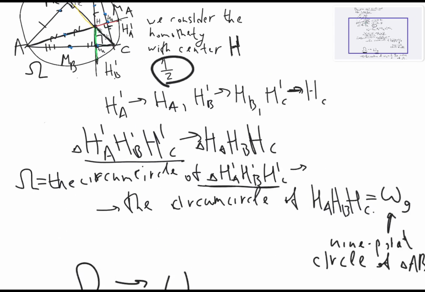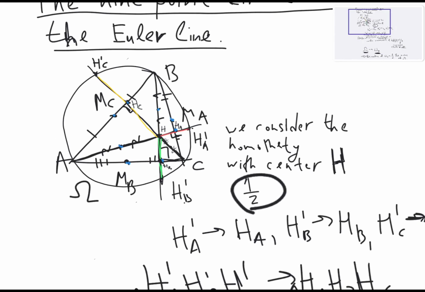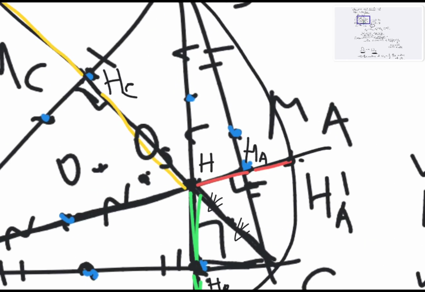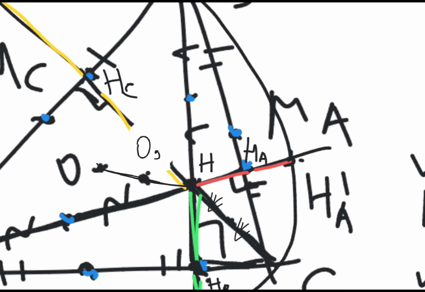So this means that if we denote by O the circumcenter, and by O9 the center of the 9-point circle, then O9 must lie at the midpoint of the segment OH, right?